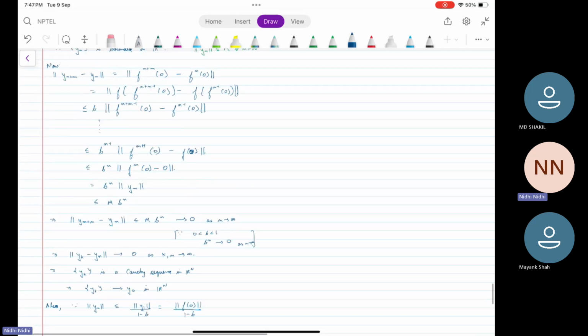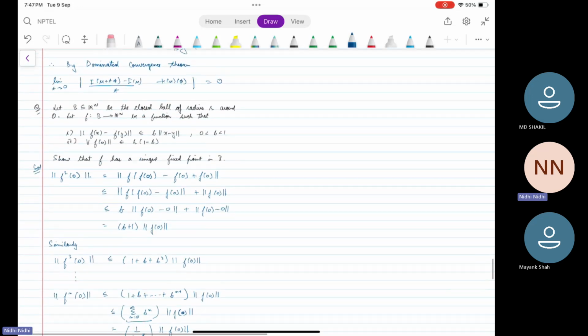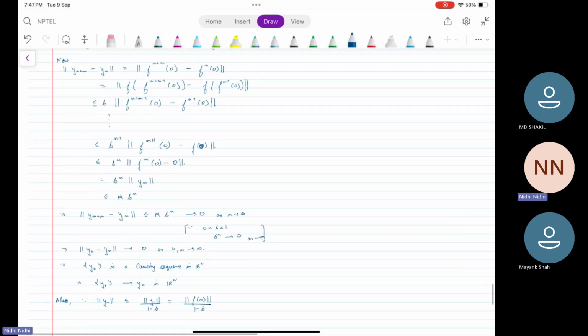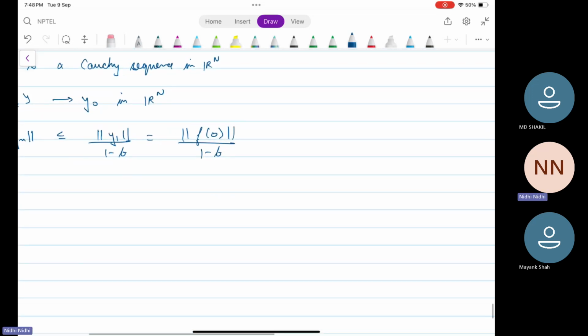And we were given the condition that the norm of f0 is less than or equal to r times 1 minus b. So this is less than or equal to r times 1 minus b upon 1 minus b. This gets cancelled out. This is equal to r.